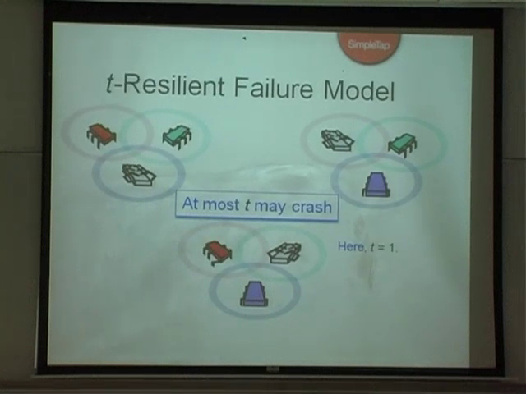We might say, well, wait-free is awfully expensive. Maybe we really only expect a small number to crash during the time period that we're looking at. Google has 500,000 servers, and at any point they expect maybe 2 or 3% to be down. They don't expect 99% of them to crash at once. So t-resilience says that at most t may crash. In this picture, t is 1.